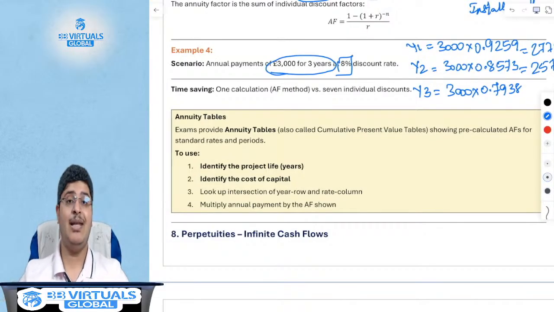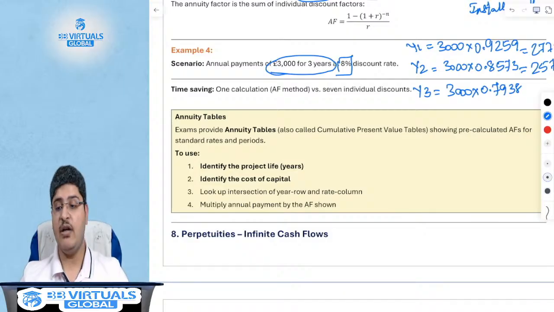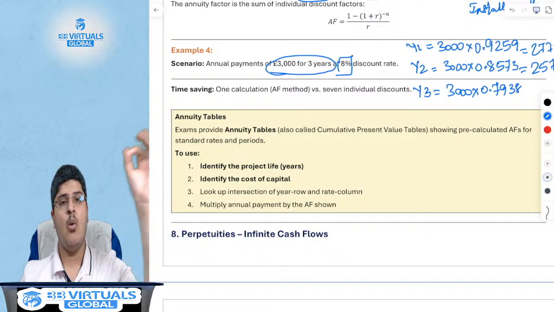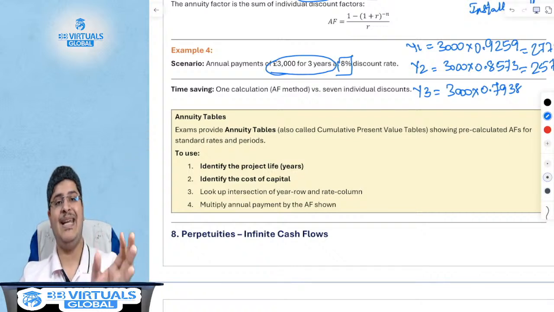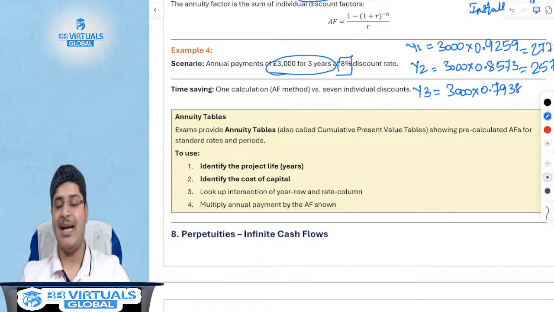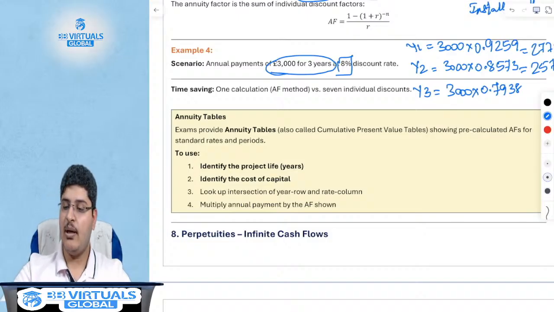I hope you are calculating this with me. Please keep using the calculator with me, otherwise it will be very difficult to follow how I am calculating. For the third year, 3,000 into 0.7938. How did we arrive at 0.7938? 1 divided by 1.08 raised to 3. You press equal to thrice on the calculator. You will arrive at 2381.